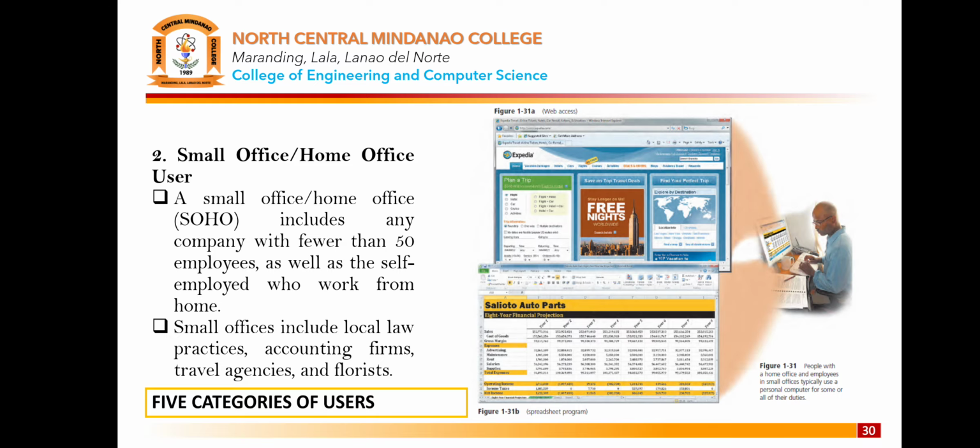For example, an auto parts store will have software that allows for looking up parts, taking orders and payments, and updating inventory. Especially some other users use industry-specific types of software.